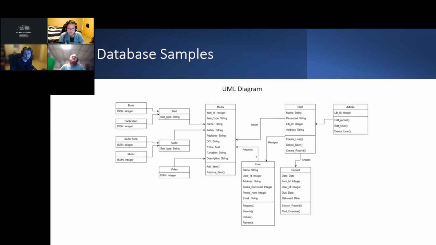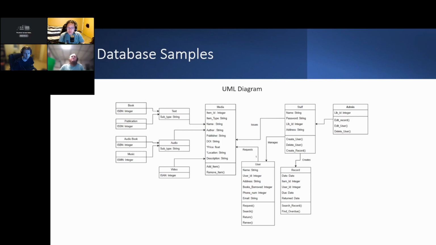Yeah, so this is just our general outline that we had for Delivery 2. We have the users in the bottom. It's generally how it's set up. We have the main media class on the left, which is still there as an overarching class, and the rest of the tables sort of inherit the attributes from the media class.